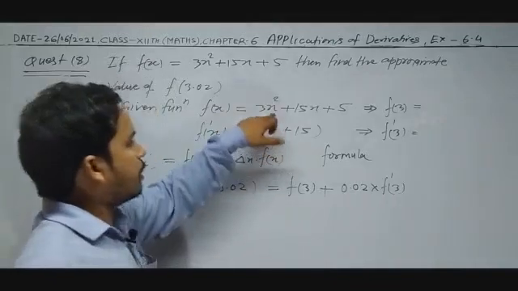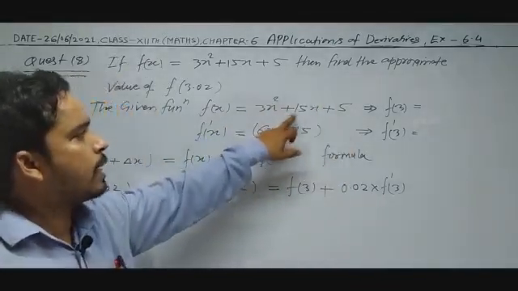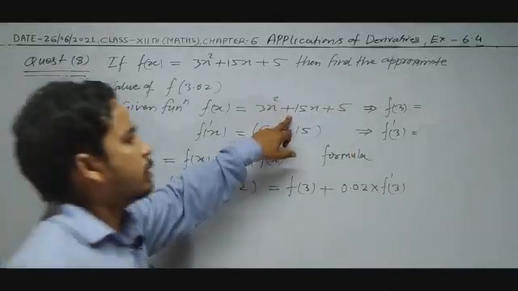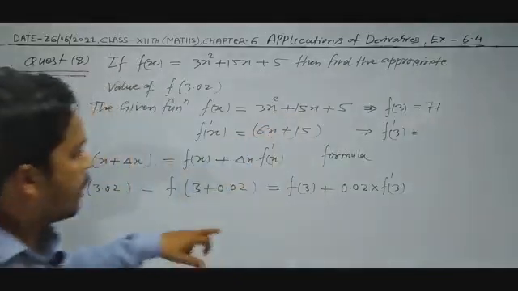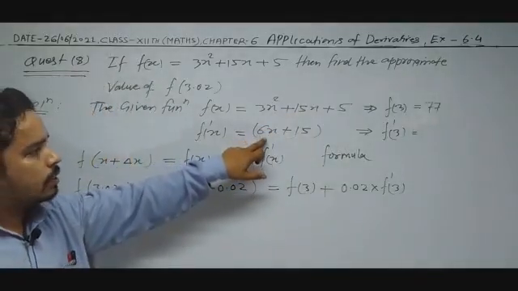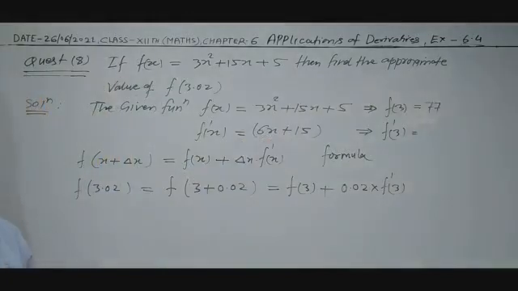So 3 square 9, 9 3s are 27, 27 plus 5 is 32, 32 plus 15 3s are 45, so that result will be 77. And at x is equal to 3, 3 6s are 18 plus 15, 18 plus 15 result is 33.